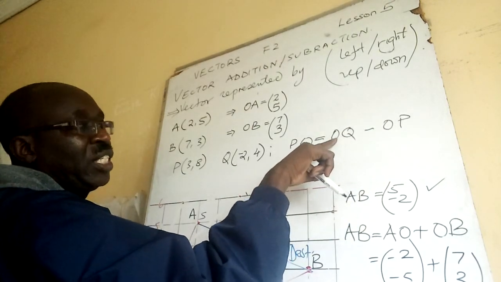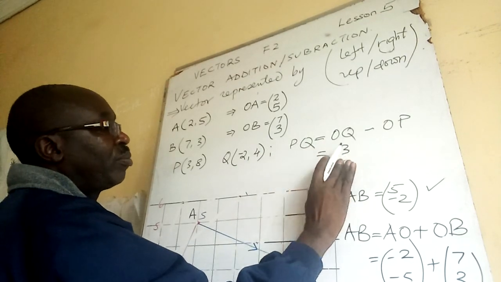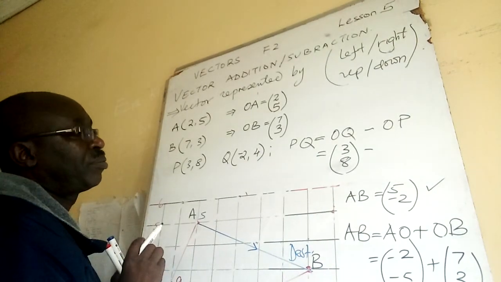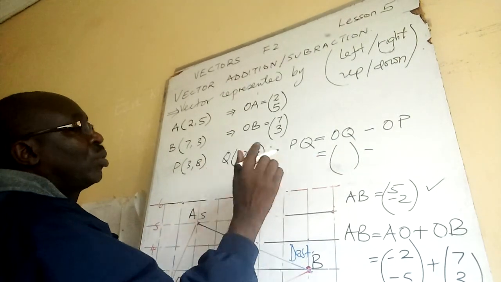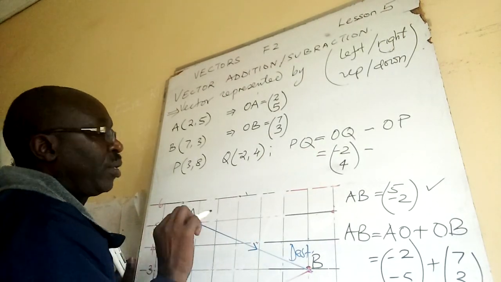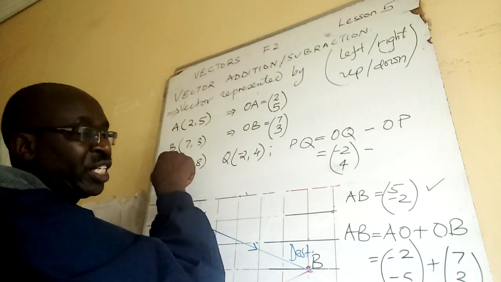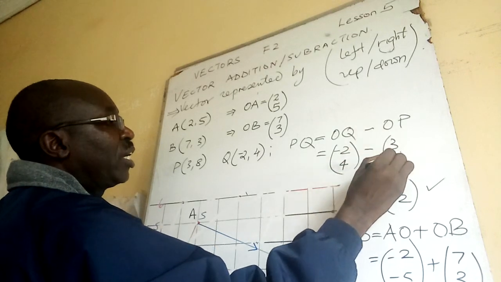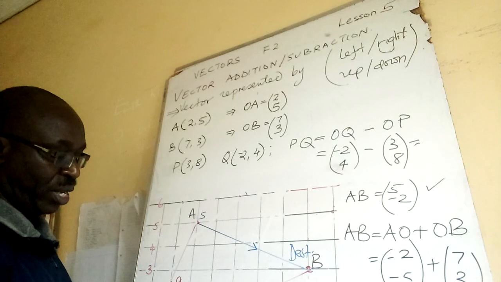Now, since this is a vector, I put it in column form. 3, 8. And then, no, not 3, 8. This is Q. So -2, 4. Okay. This is starting point. So position vector is 3, 8. So what I get is our answer.